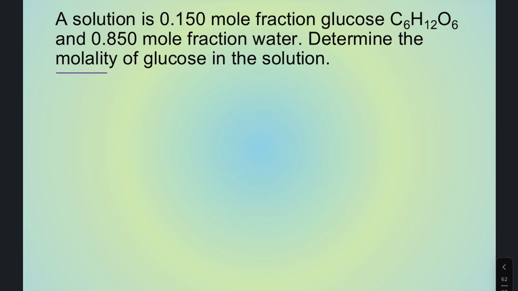And so just as a reminder, molality, little m, is going to be moles solute divided by kilograms of solvent. A solution is 0.15 mole fraction glucose and 0.85 mole fraction water. And so this is going to take a little bit more work, but go ahead and try it out, and then we will continue.